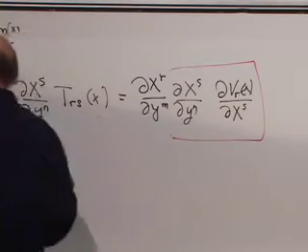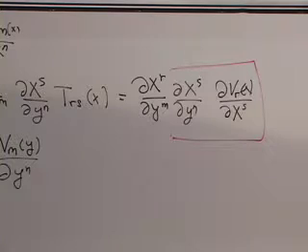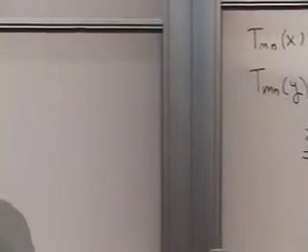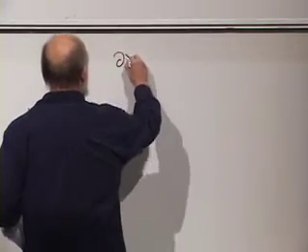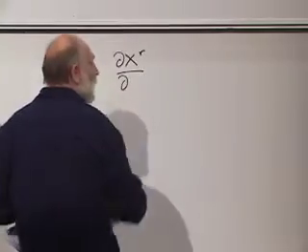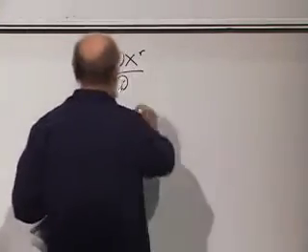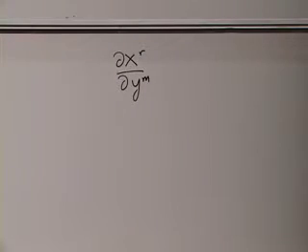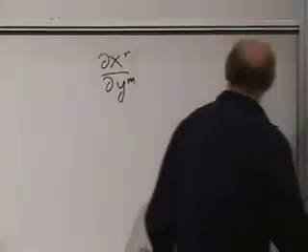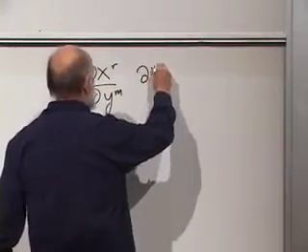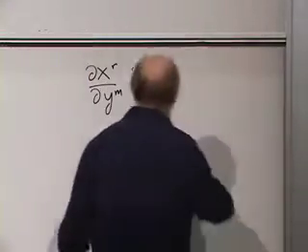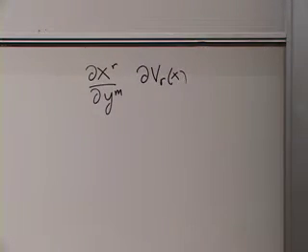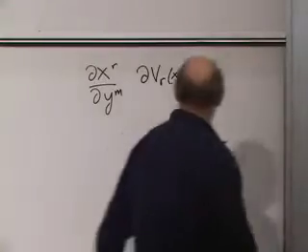So what's in the red box, not just what's in the red box but the whole thing, it's dxr by dym. And now if I use the chain rule and simplify this, I find it's the derivative of Vr of x, but not with respect to x, with respect to yn.